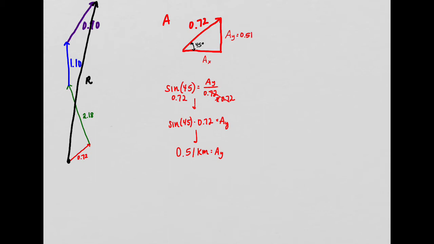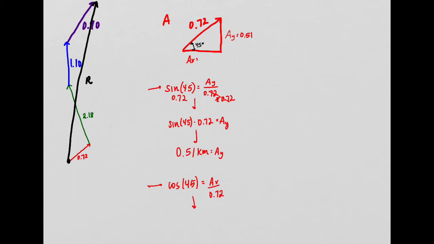And now we will solve for AX. So I used sine to solve for AY, so I'm going to have to use cosine of 45 to solve for my horizontal component. So cosine of 45 is equal to adjacent, which in this case is AX, over hypotenuse, which is 0.72.